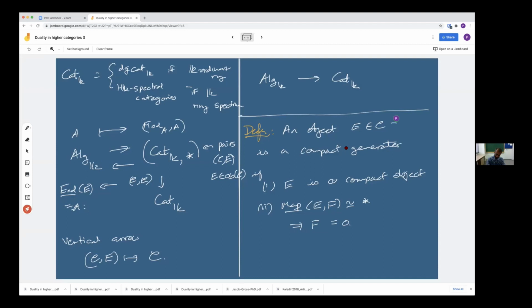So this is a triangulated DG category or stable infinity category. Let's say stable infinity category, because I don't need any k-linear hypothesis. So then the theorem is the following.